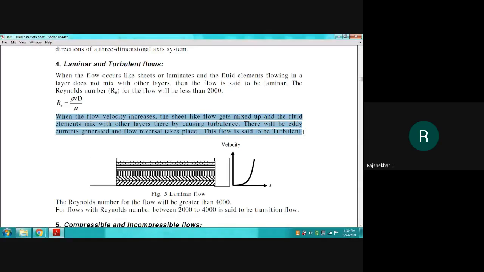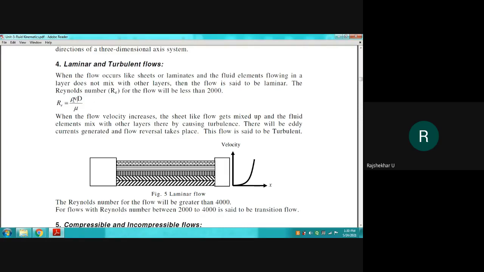In case of turbulent flow, all the particles will be moving in a random direction, in zigzag way. So one layer of the fluid will be mixing with other layer of the fluid. Why this happens? Because in this turbulent flow case, the velocity will be higher.